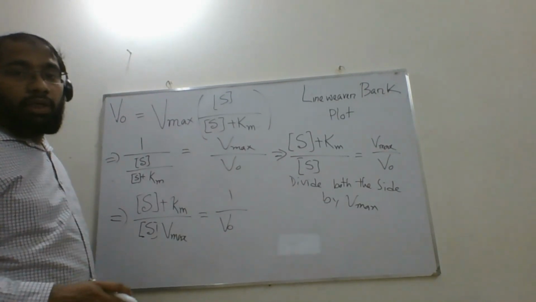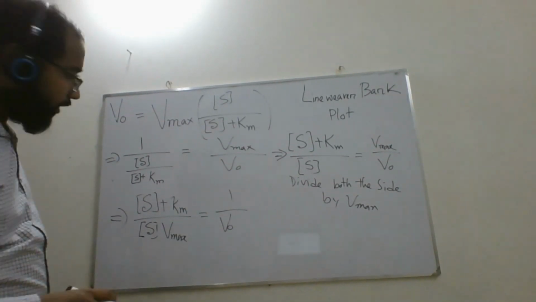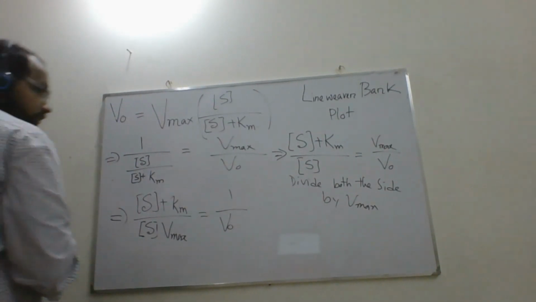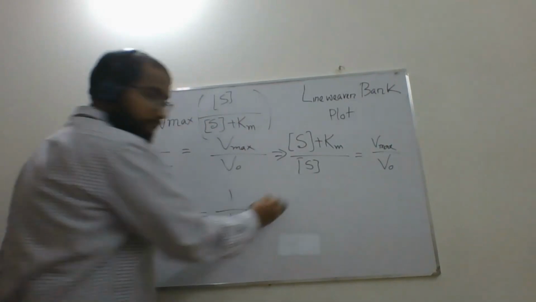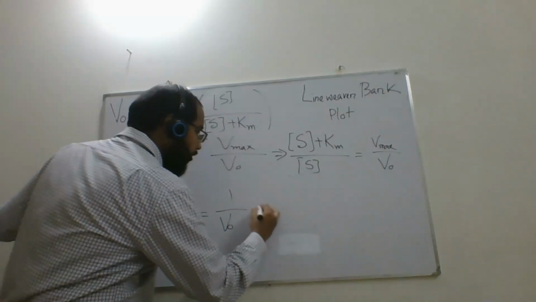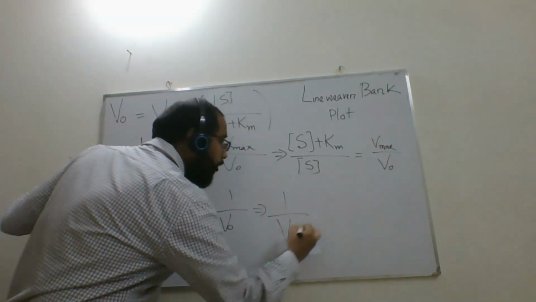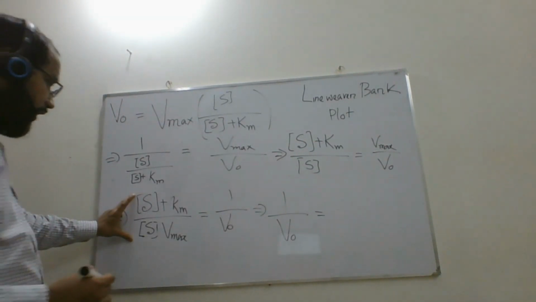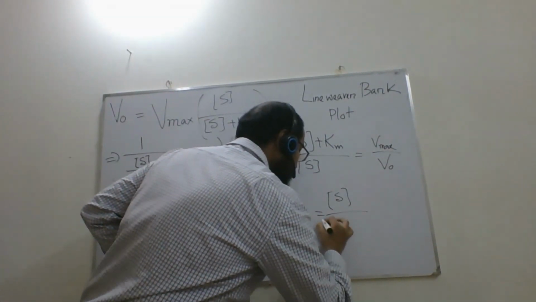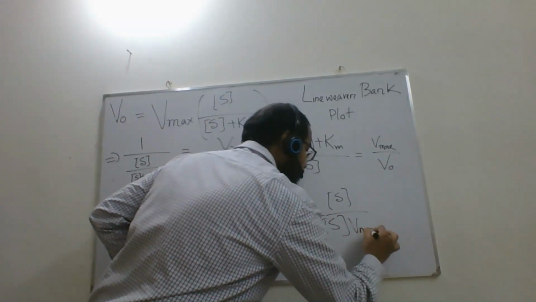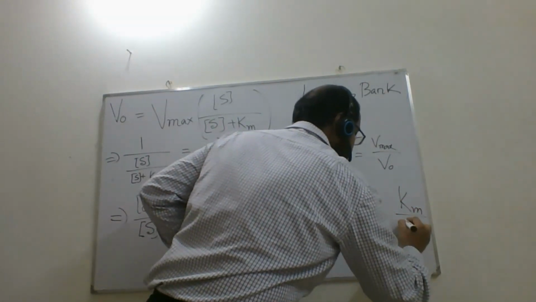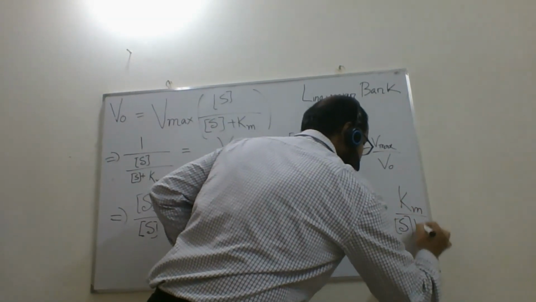Now if we just split this up, we can say that 1 by v0 equal to s divided by s into vmax plus km divided by s into vmax.